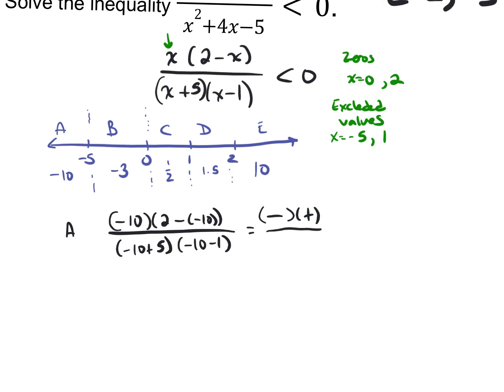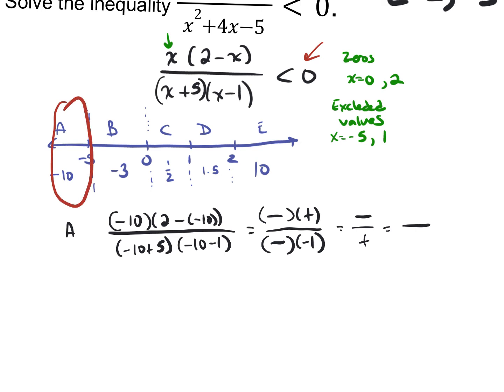And then on the bottom, we'll get negative 10 plus 5, which is negative. Negative 10 minus 1 is negative 11. So we have two negatives on the top, two on bottom. This is a negative divided by a positive, which is a negative. Now in this problem, we're trying to figure out when it's less than 0. So we do want negatives, so we'll take region A.